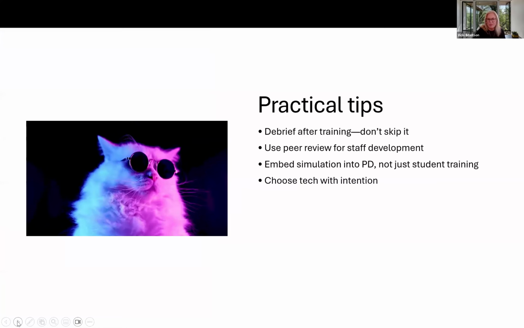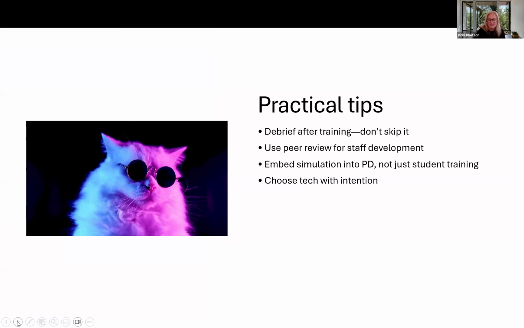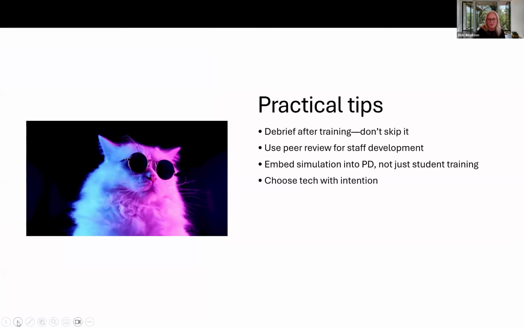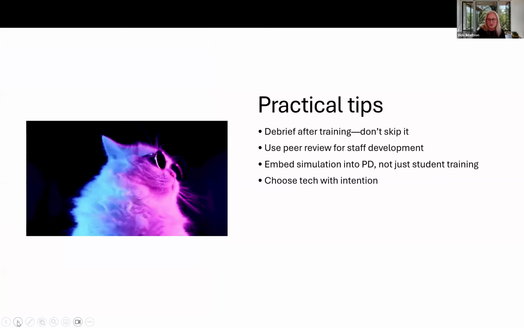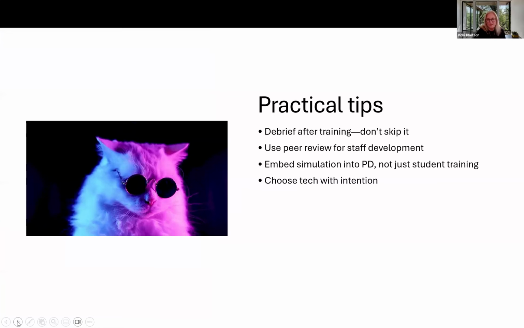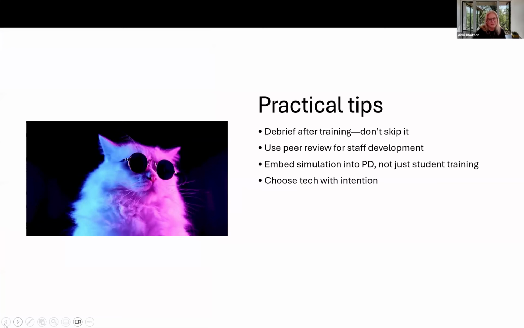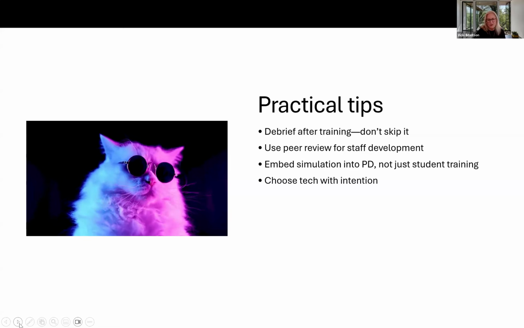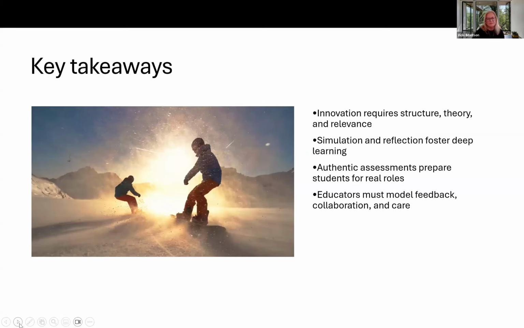Simulation and debriefing can be integrated into team meetings or training days. Peer feedback builds a culture of collaboration, and technology should serve the learning, not the other way around. So there are lots of things they get from the course that they can also use in other aspects of their clinical practice.